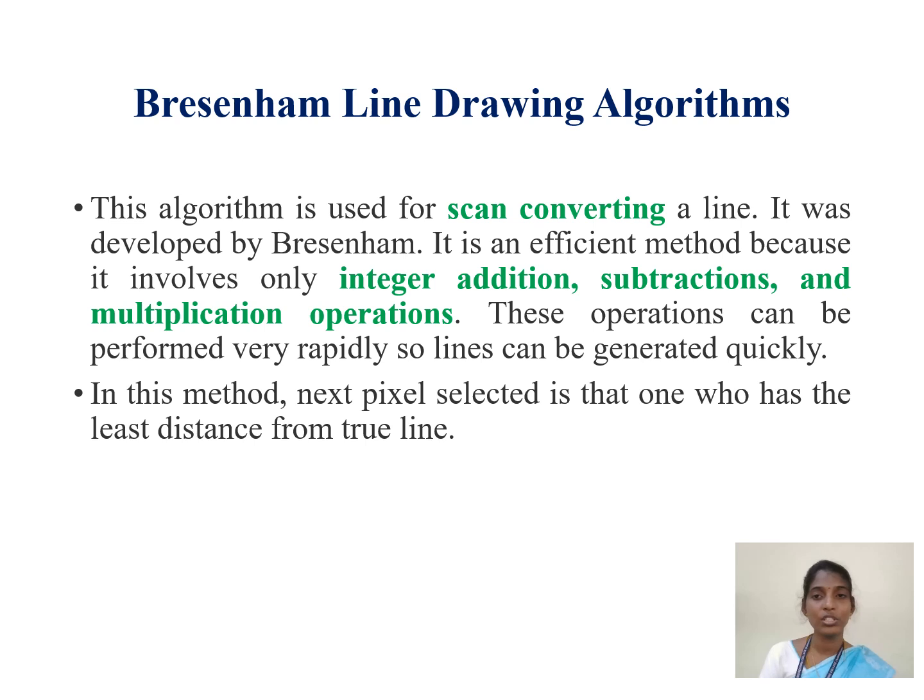It is an efficient method because it involves only integer addition, subtraction, and multiplication operations. These operations can be performed very rapidly, so lines can be generated quickly. In this method, the next pixel selected is the one that has the least distance from the true line.